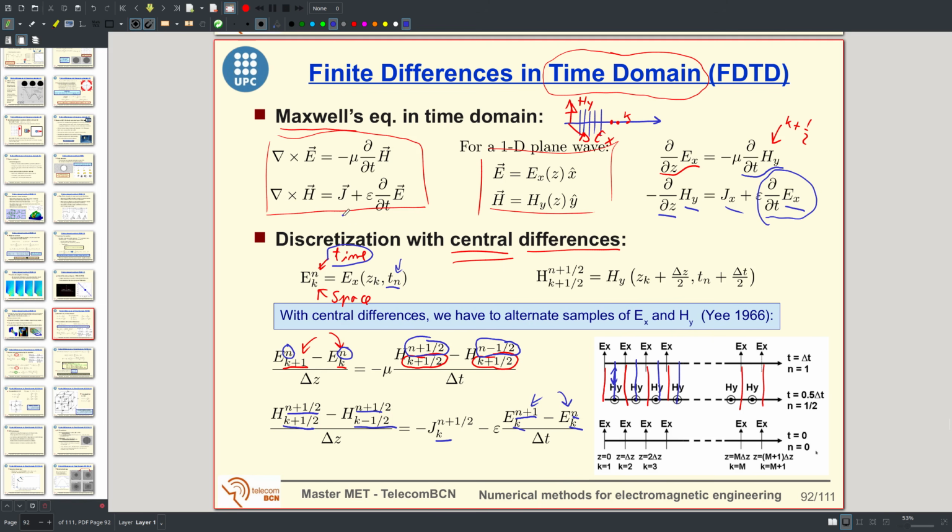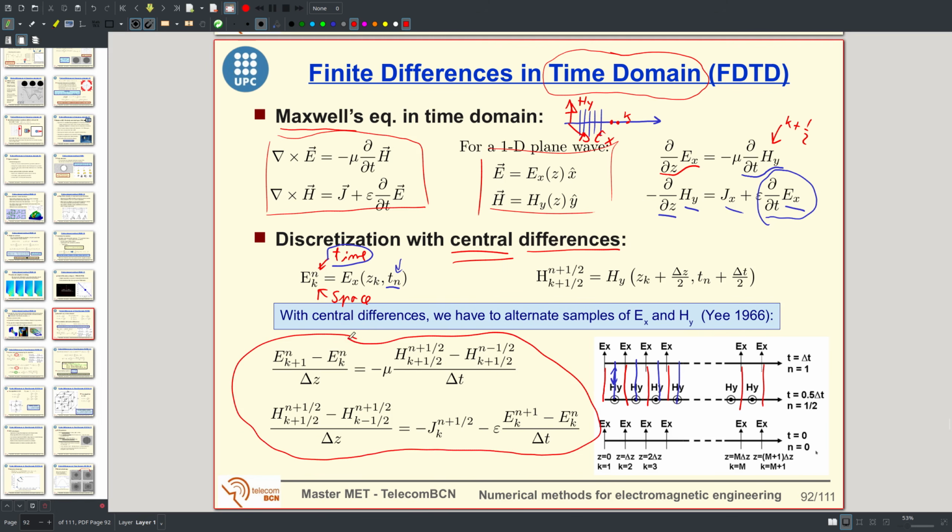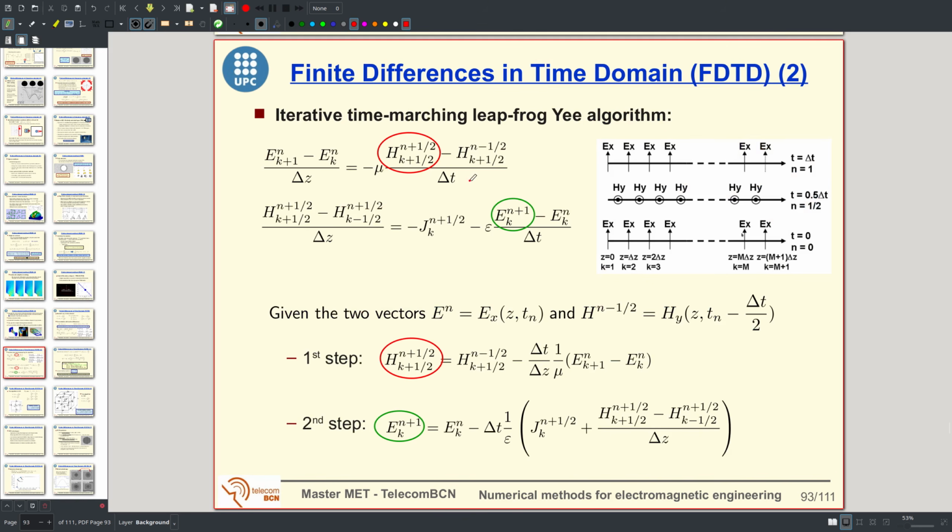So now we have a coherent discretization. Using this trick of samples at the middle point, we have a discretization of Maxwell's equations in which everywhere we have used a central difference, which is the most accurate option. We just copy this equation to the next slide and get this. This is what we copied from the previous slide.